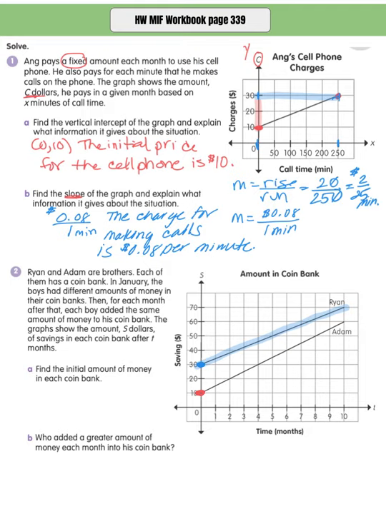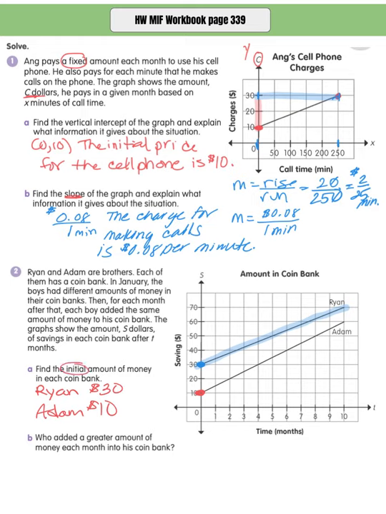They said they wanted to find the initial of both, so let's write here. So Ryan started off with $30. And Adam has $10. So the initial, okay, is where it starts.